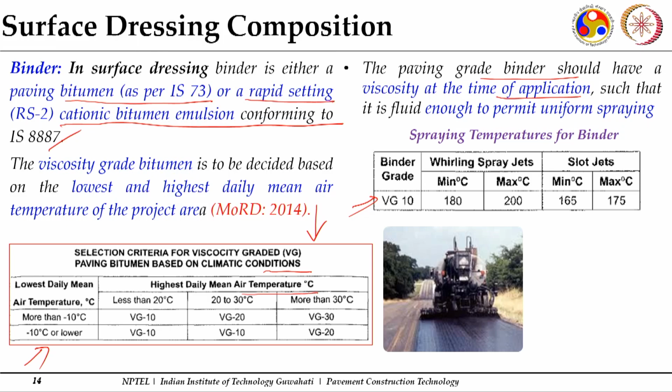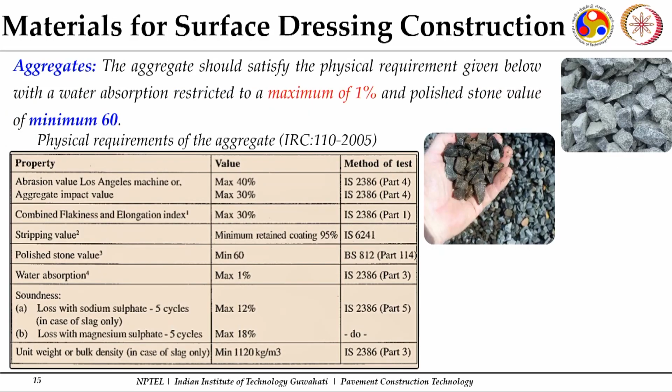If we are going with whirling spray jets, this is the temperature. An example is given, this is the temperature which is to be there for VG10 binder. So, this depends on how the binder is getting distributed or put over the surface with these binder distributor tankers.